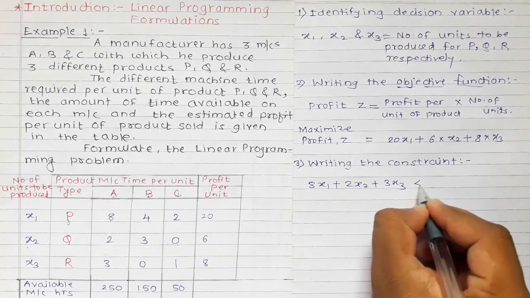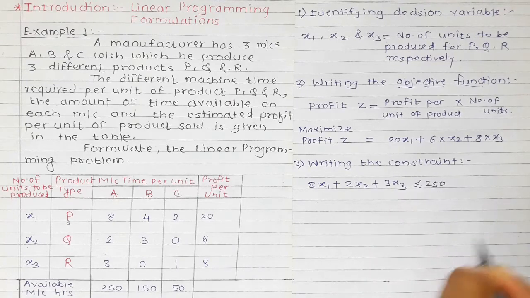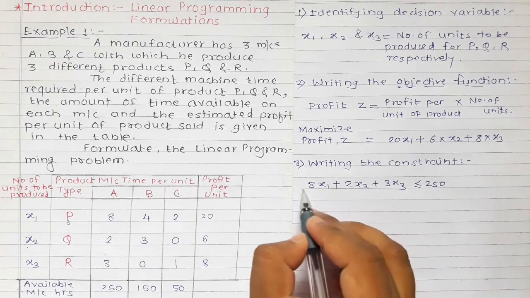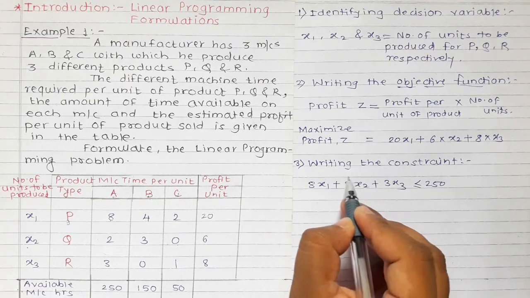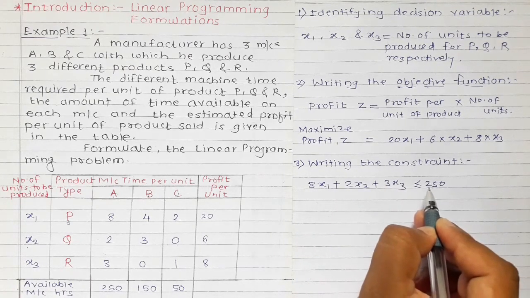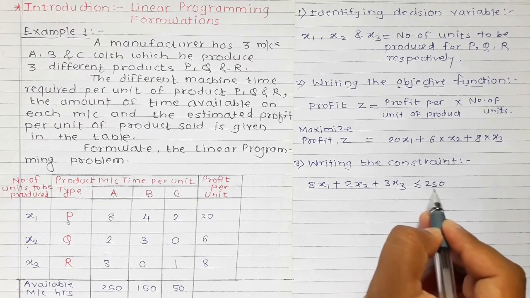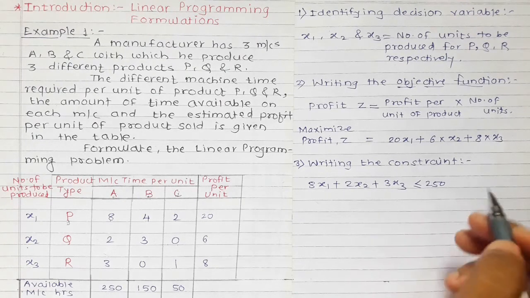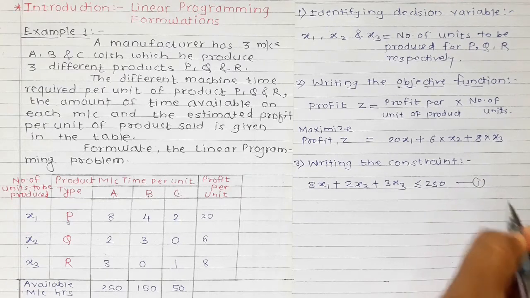So we can write here less than or equal to 250, because we have only 250 hours for machine A. This is constraint number 1.